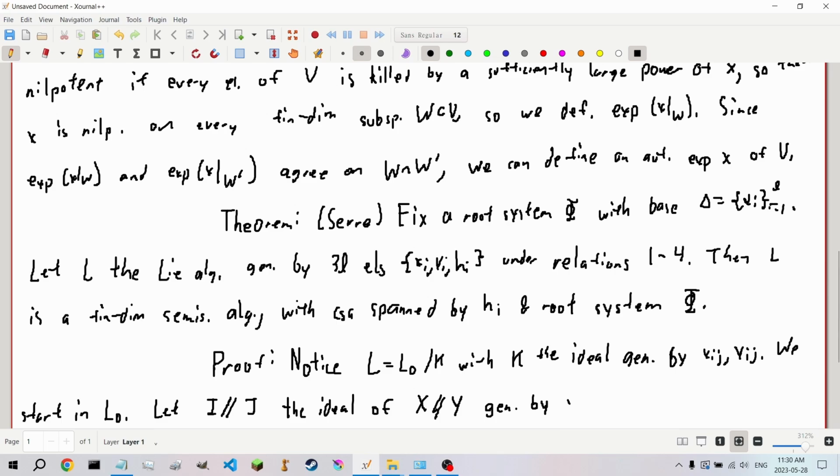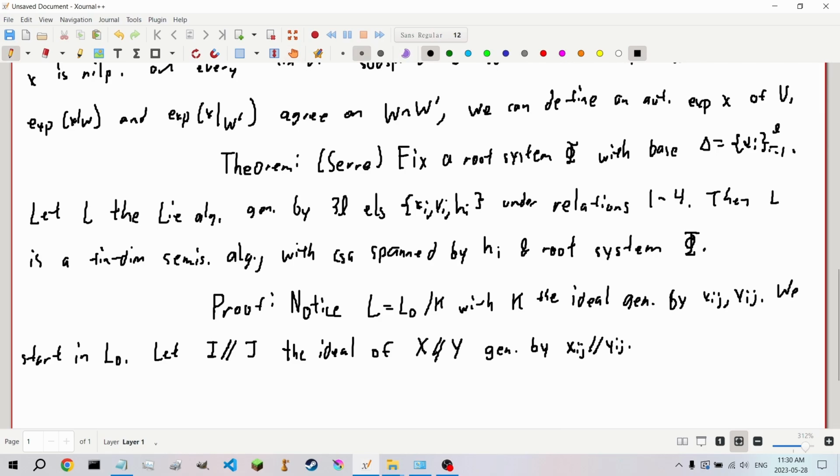Generated by the xij, alternatively the yij. Alright, our first step is that I and J are ideals of L0. We're going to consider J, I as analogous.